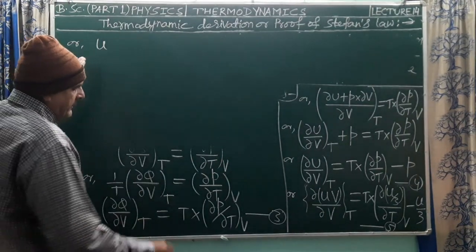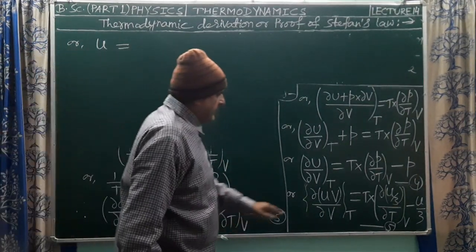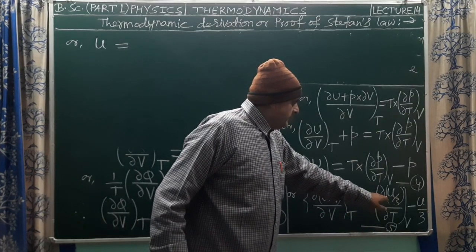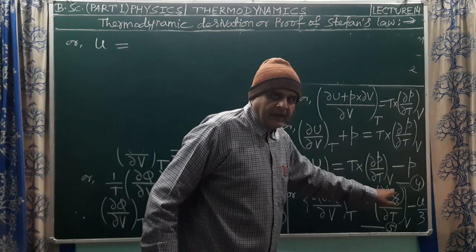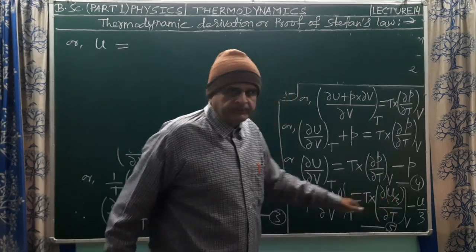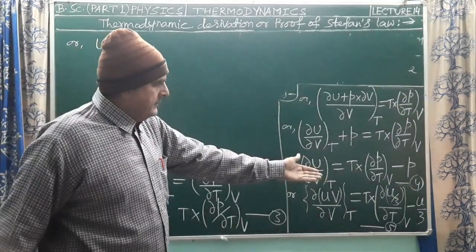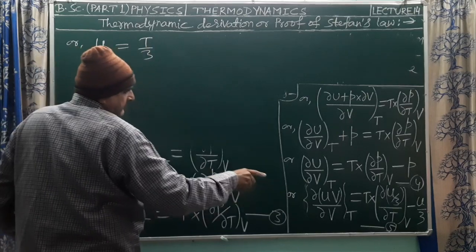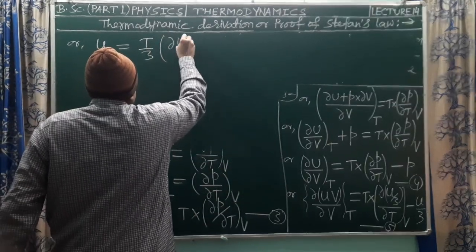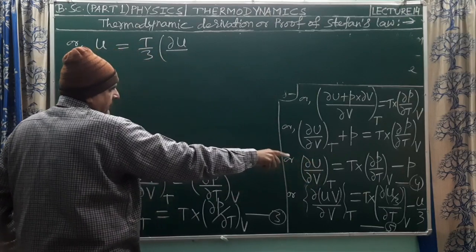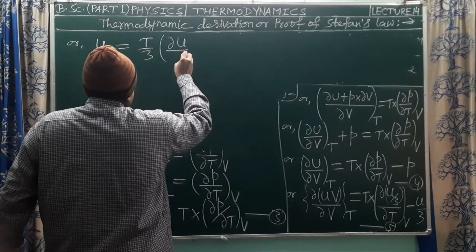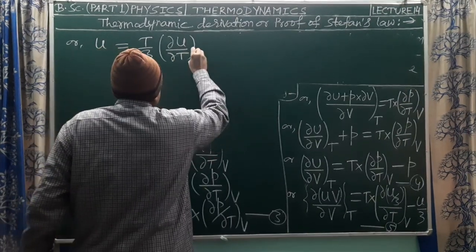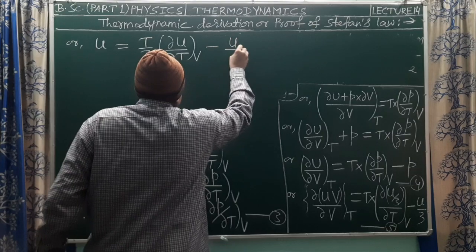Energy density is constant, so it is u equals, in the RHS, T multiplied by, in the numerator, del; in place of p, u by 3. One third can be taken out of the bracket, so it is T upon 3 under bracket del u upon del T, where a small u is the energy density of radiation, at constant volume V, minus u upon 3.